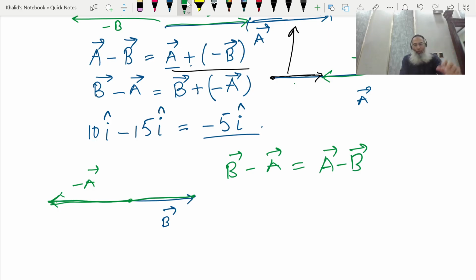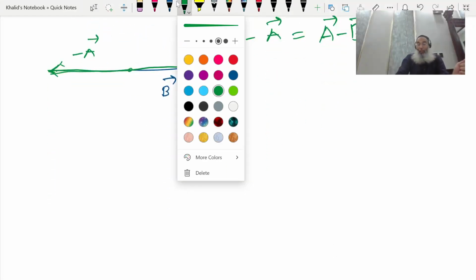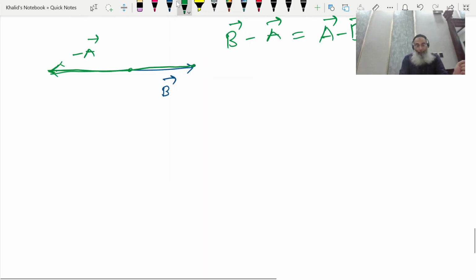What if the vectors are not collinear, and they are not at a right angle? How do we find the result?